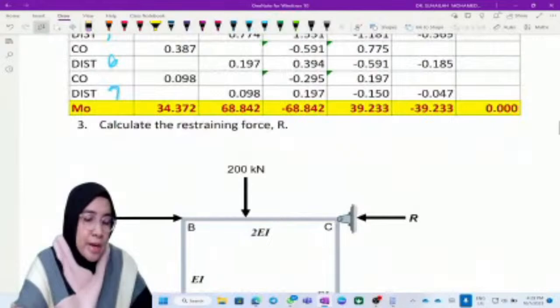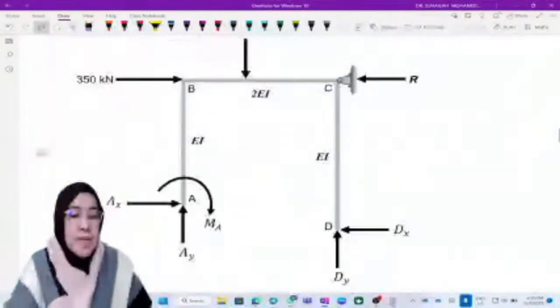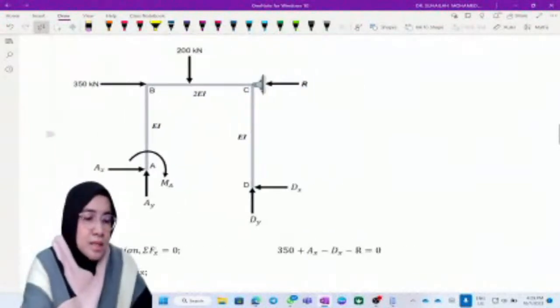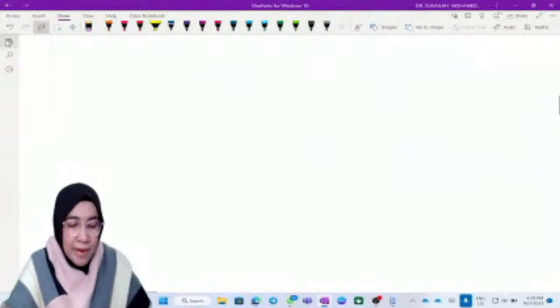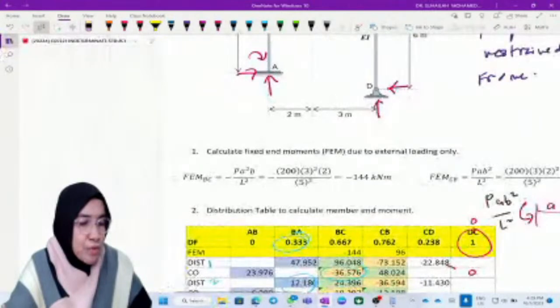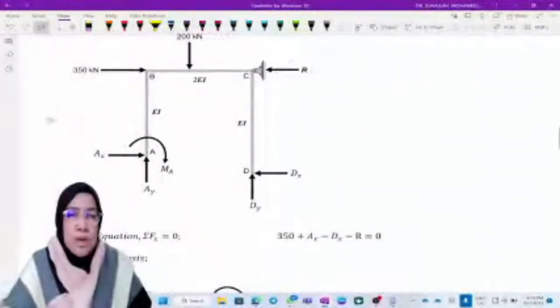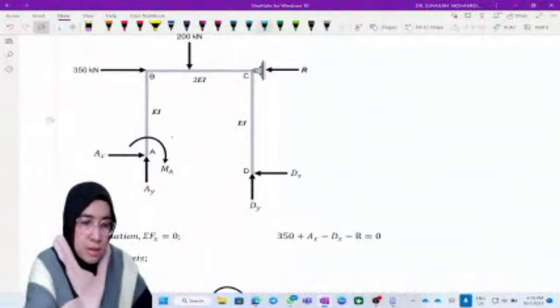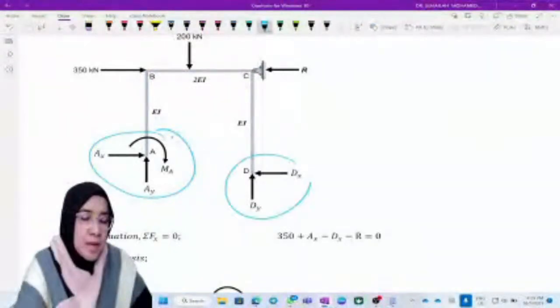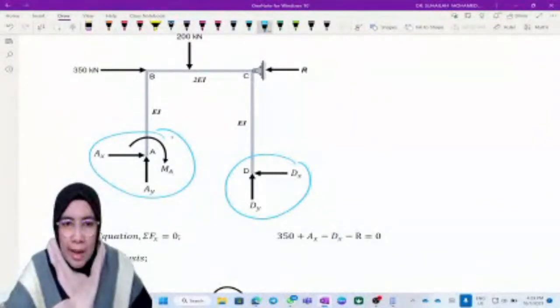Okay, so how to do that? We have to consider the free body diagram and put the reactions at the supports: AX, AY, MA at A, because A is a fixed support, and DX, DY at D, because at a pin there are DX and DY.